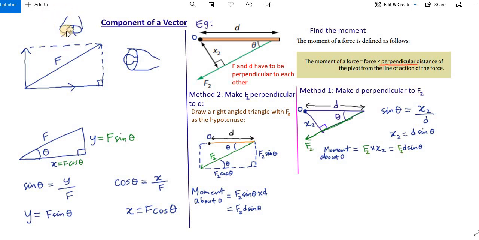Let's say you have a light bulb here, you have this arrow here. If the light bulb is vertically above this arrow, then it will cast a shadow right below this arrow. That shadow, we can say, is like the component of this force in this direction.